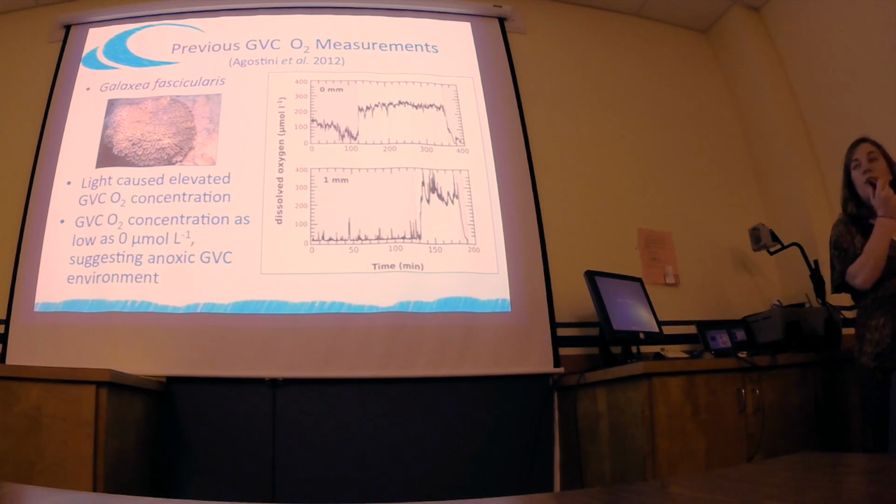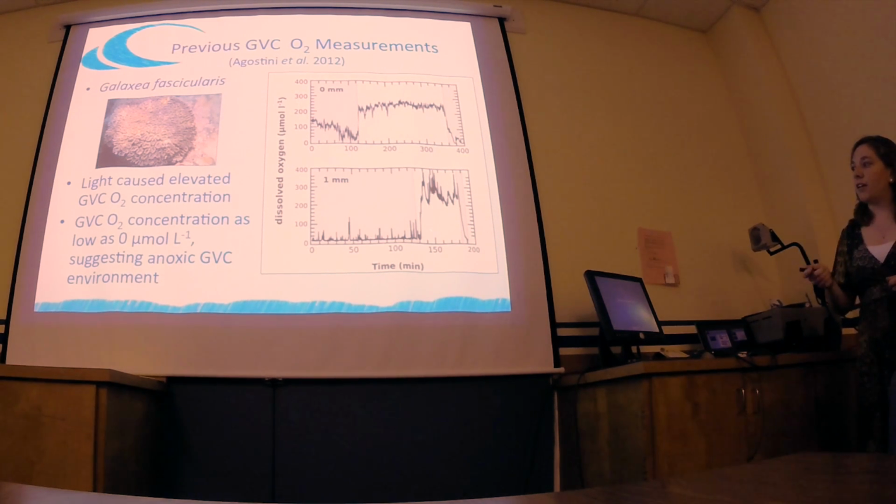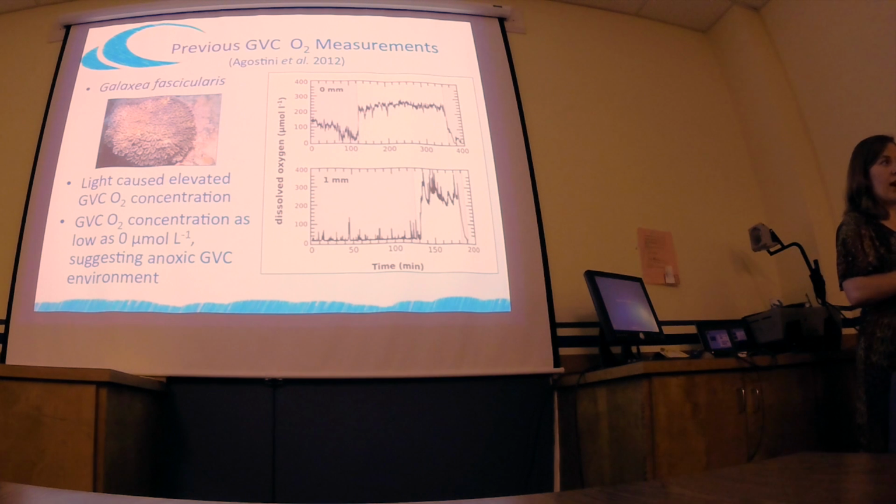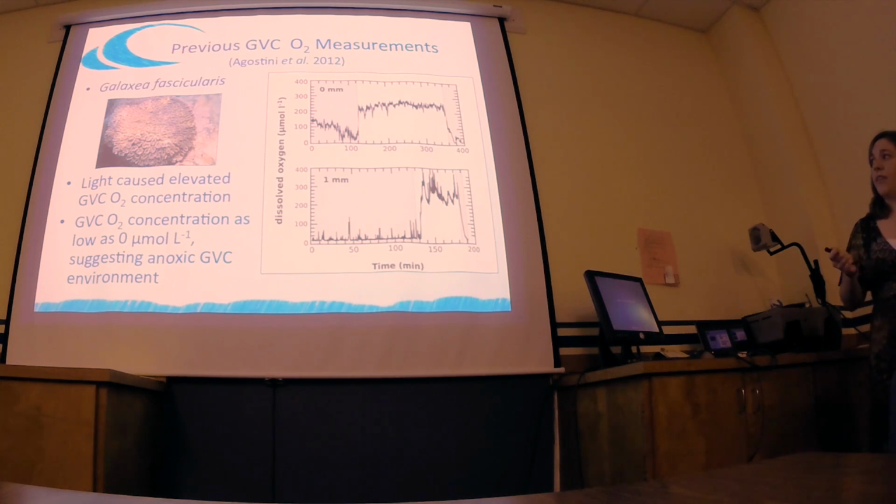And when they measured it in the dark periods, they found a decreased concentration slightly within the gastrovascular cavity, and in the light they saw that the oxygen concentration again increased between 300 and 400 micromoles per liter, which is supersaturated in relation to the external seawater.